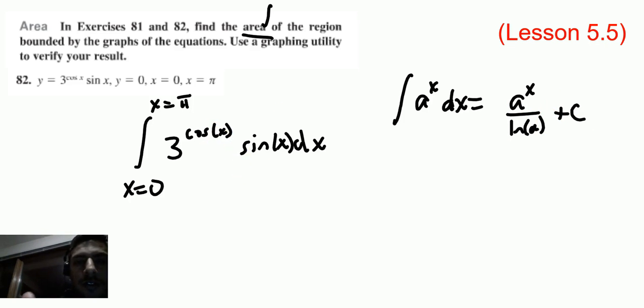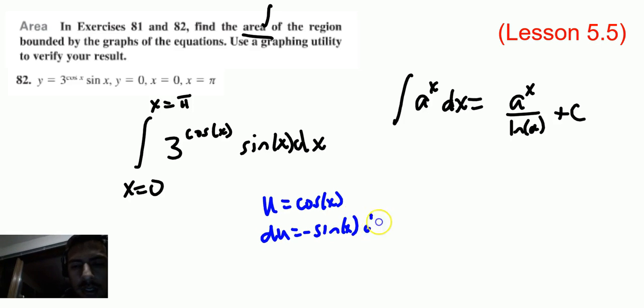So here, I'm going to need a u equals on the exponent, so u equals cosine of x. du is equal to negative sine of x dx, which means I'm going to have to compensate this integral for a negative.